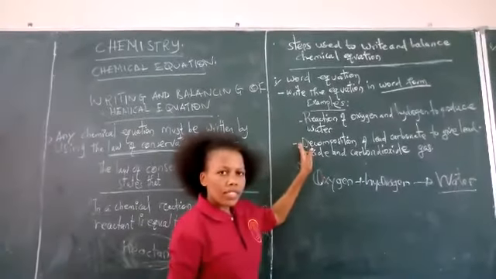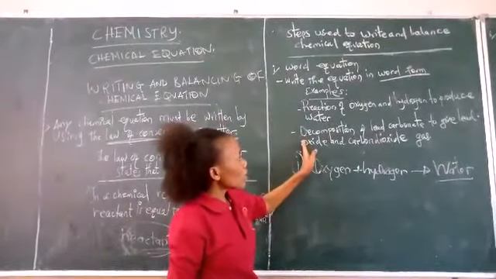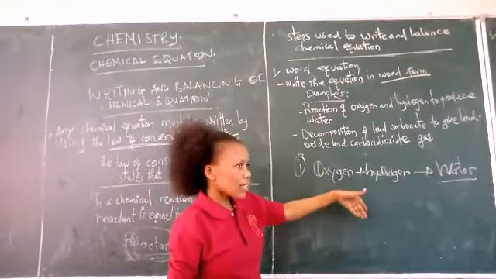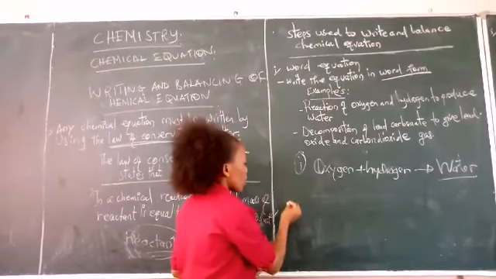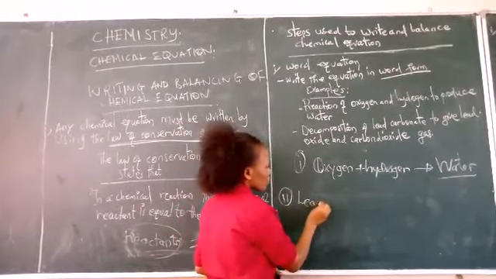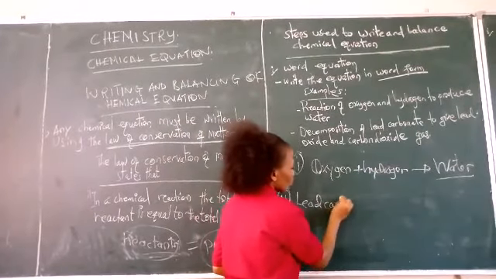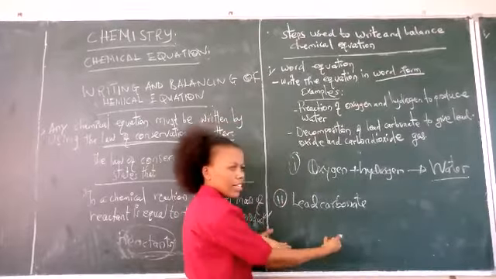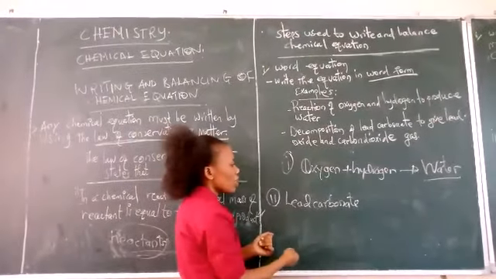Or we see the second example here, the decomposition of lead carbonate to give lead oxide and carbon dioxide gas. Here we have lead carbonate, a large complex compound.